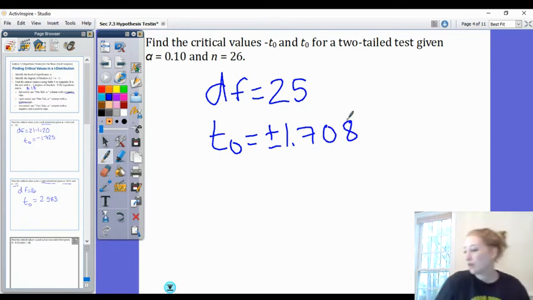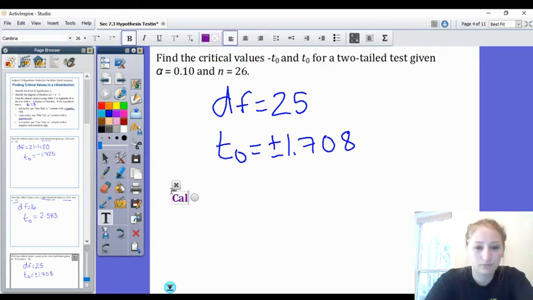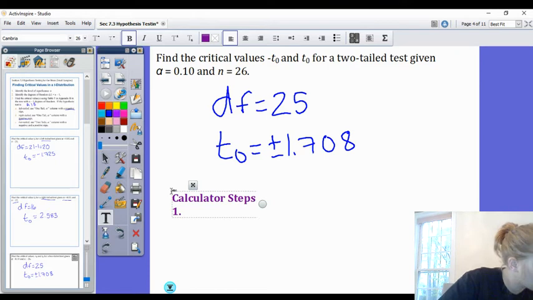Okay, so you can use your calculator to find these if you want. And so your calculator steps are as follows. I'm going to type these actually. All right, so the first thing that you're going to do is click second and then vars.